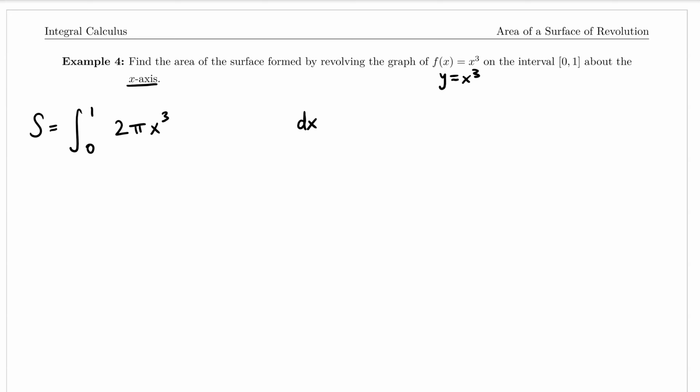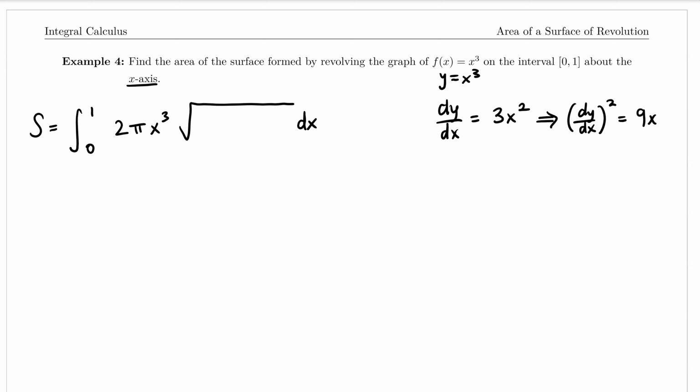So I'll put x cubed here, and then if I solve for dy dx, that's going to end up equaling 3x squared, and if I square that, that's going to give me 9x to the 4th power. So we have 1 plus 9x to the 4th power.